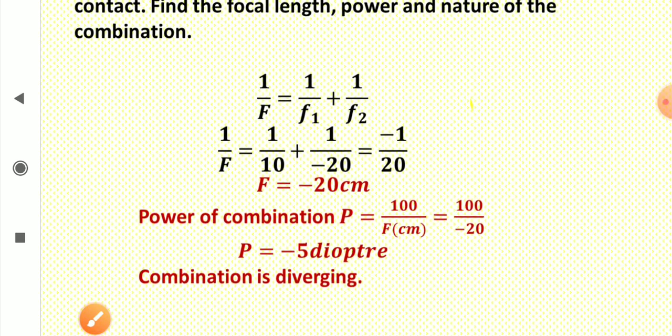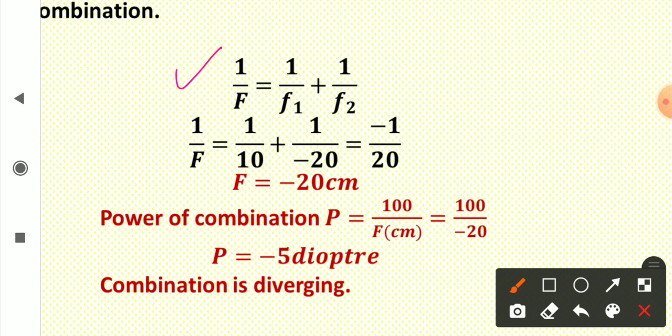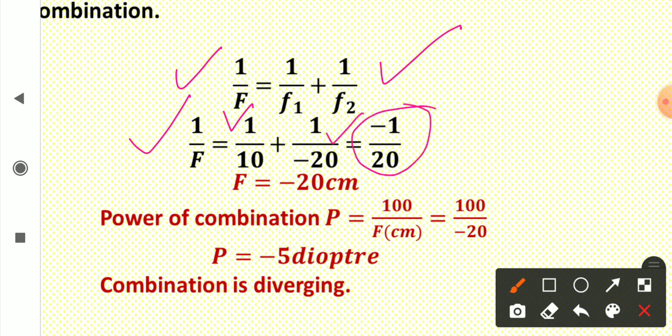So here, using the formula 1 upon f is equal to 1 upon f1 plus 1 upon f2, or 1 upon f is equal to 1 upon 10 centimeter plus 1 upon minus 20 centimeter, and you simplify it, you get minus 1 upon 20. Take the reciprocal. The combined focal length comes out to be minus 20 centimeter.